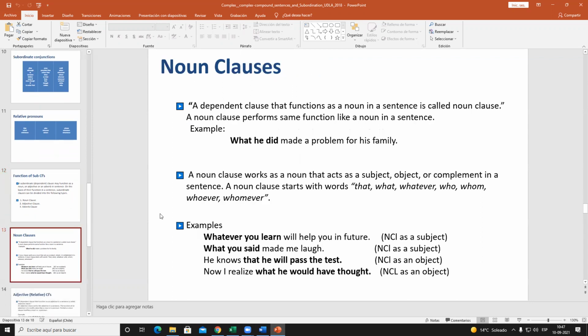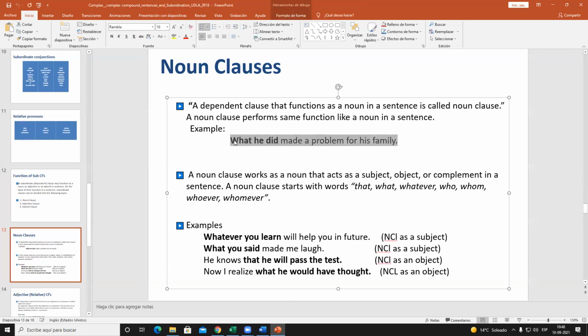Okay, a dependent or subordinate clause will be used as a noun clause when it functions as a noun in a sentence. A dependent clause that functions as a noun in a sentence is called a noun clause. A noun clause performs the same function as a noun in a sentence. Example: what he did made a problem for his family.